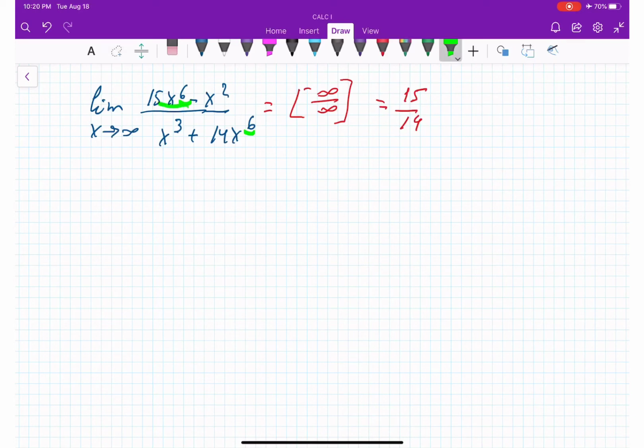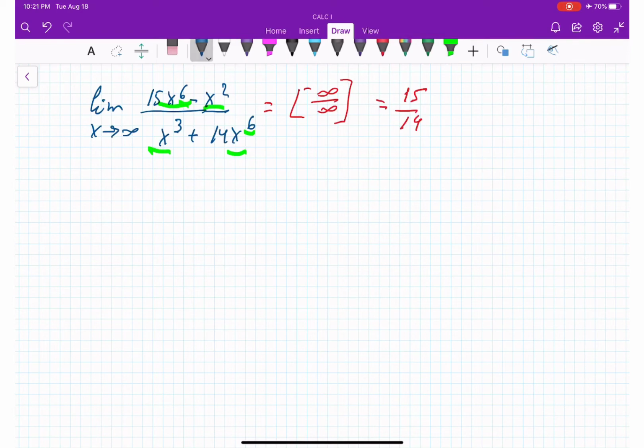If you plug in infinity, infinity to the power 6 minus infinity to the power 2, you get infinity. And at the bottom, infinity to the power 3 plus infinity to the power 6, you get infinity. So for the case of infinity over infinity, when degrees are the same, the limit is going to be the ratio of the coefficients of these variables with the highest degrees.